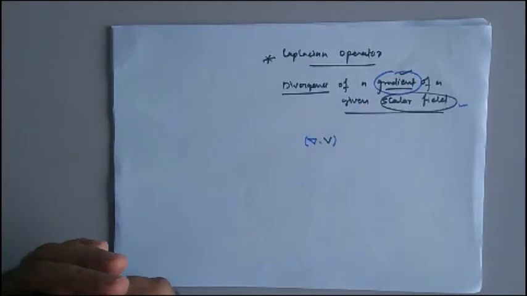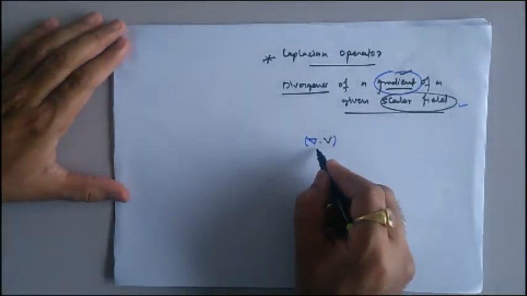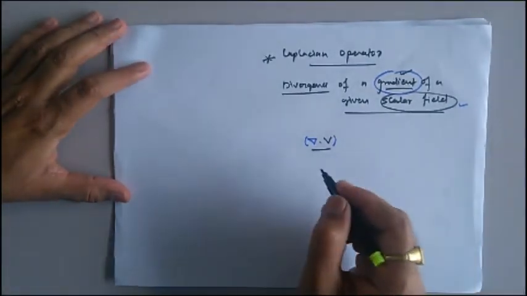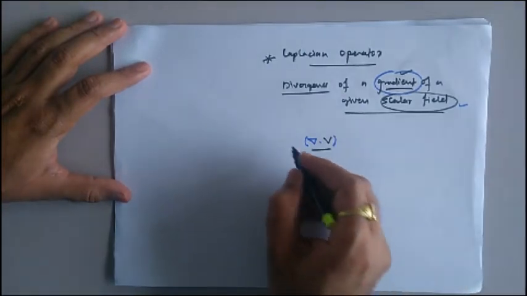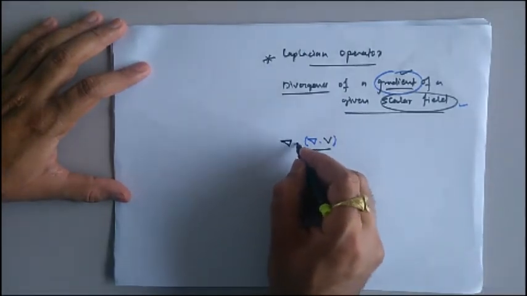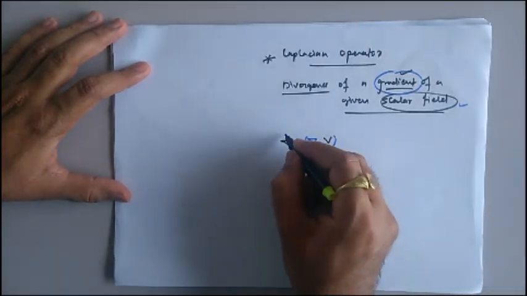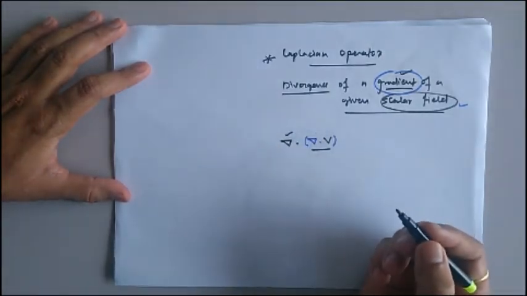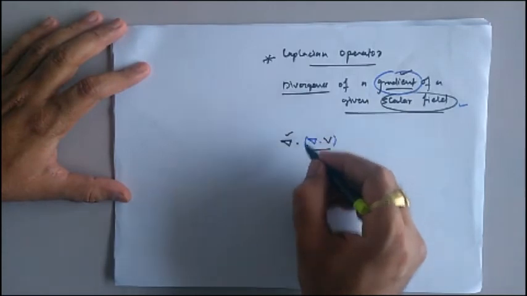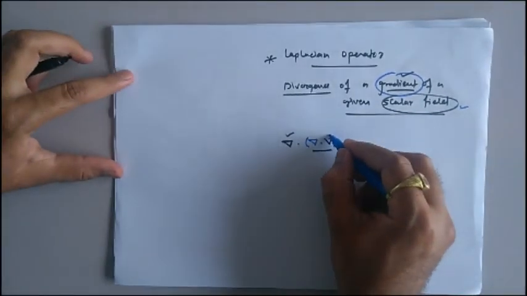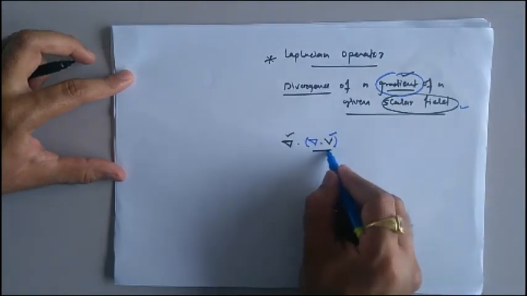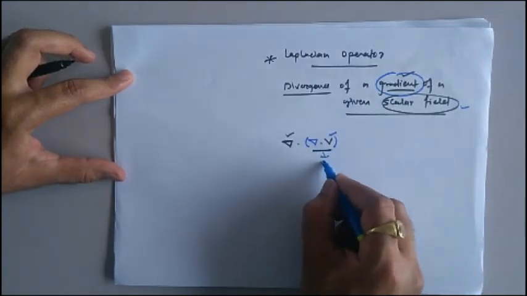Now if you take the divergence of this particular quantity, what do we need to do? Divergence is nothing but a dot product between the vector space function del and another vector field. Remember one thing, this is a scalar, but this component is going to be a vector.